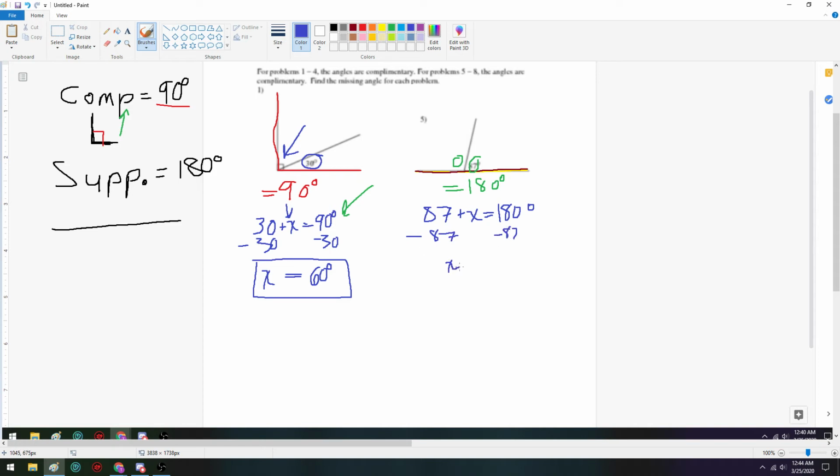So that means x is going to be equal to, what's 180 minus 87? If you need to use a calculator, please feel free. I'd rather you guys get the correct answer and use a calculator than try doing it mentally. So 180 minus 87 will give you 93 as your missing angle.